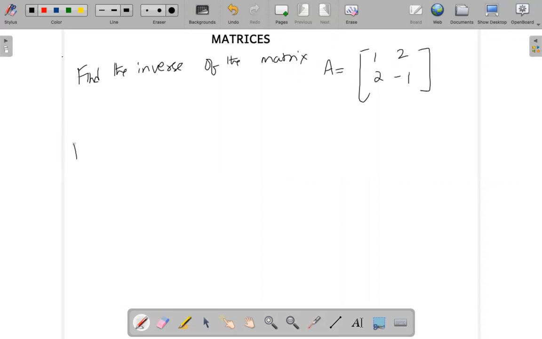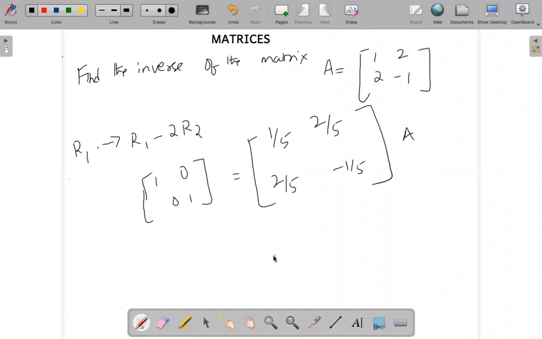That is R1 minus 2R2. Let us apply that. So on the left hand side, you get that as 1, 0 and 0, 1. Applying it, and then on the right hand side, so hence we got the inverse.